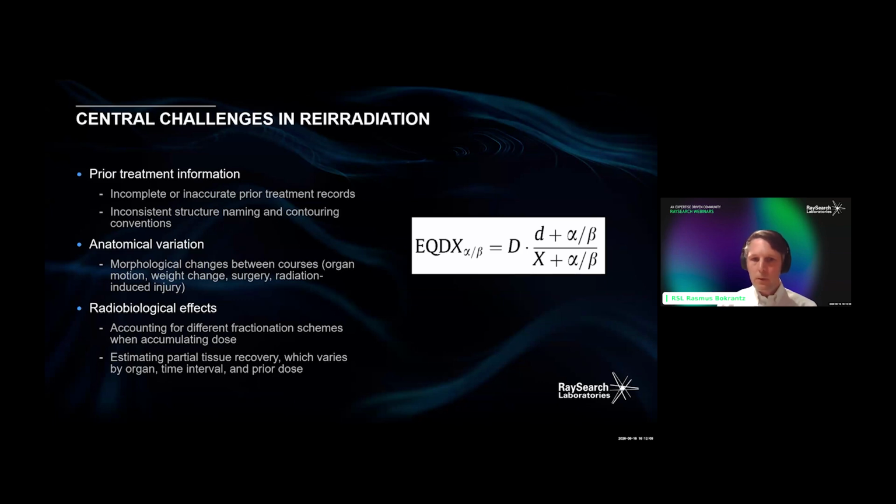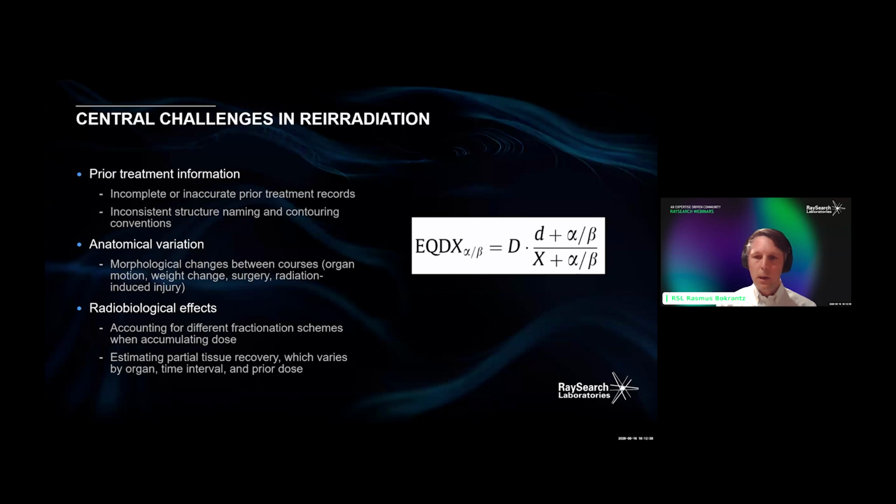Certainly not if the courses have different fractionation schemes, but even if you sum doses across treatments with similar or equivalent fractionation schemes, you might still have drastically different doses in between fractions for the organ at risk. So what one should do instead is to account for the fractionation differences and convert the physical dose into some form of equieffective dose.